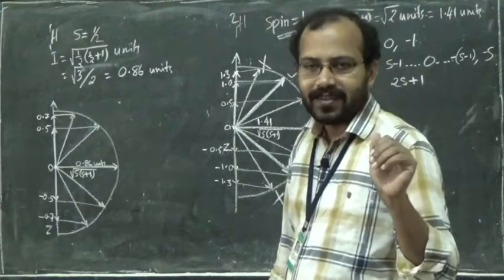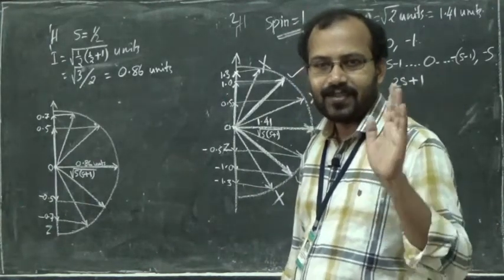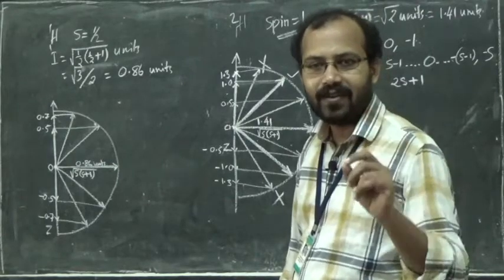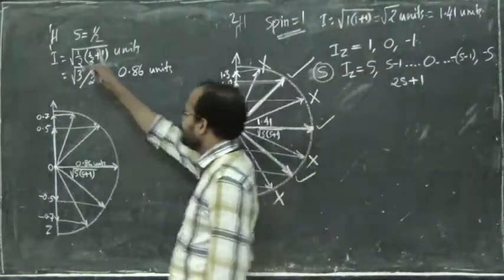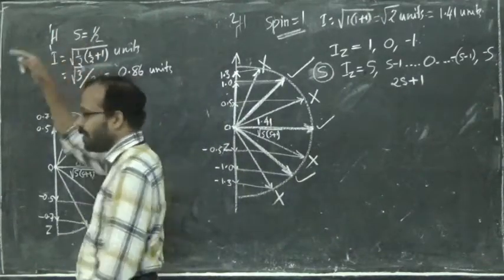In this case, the spin is a half integer value, 1 divided by 2.